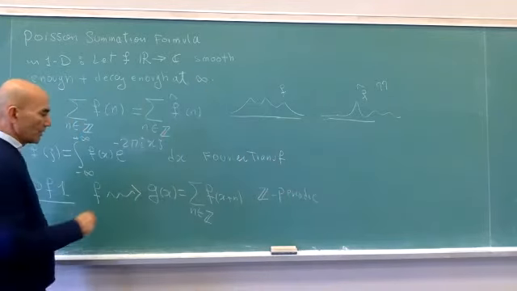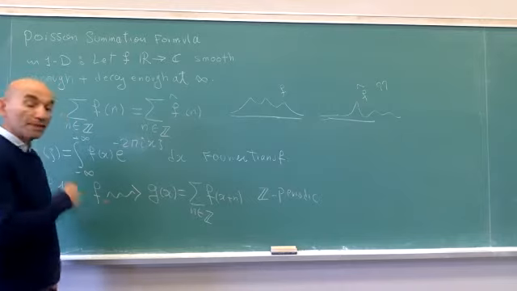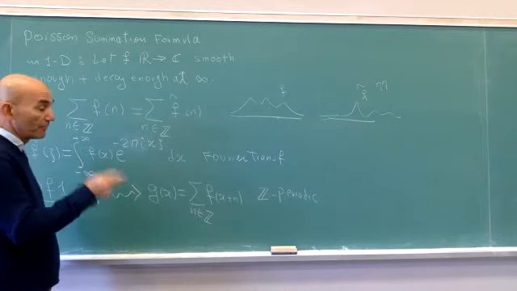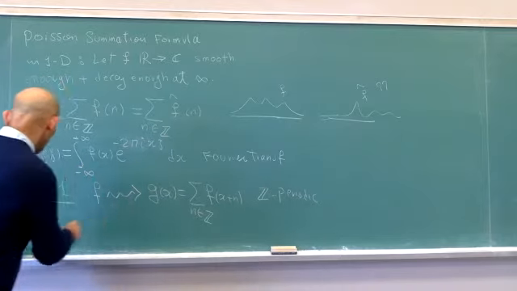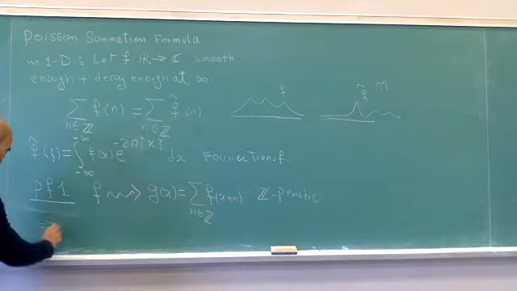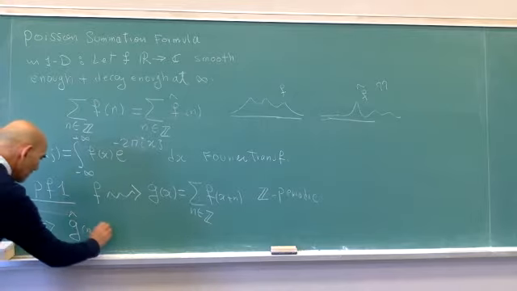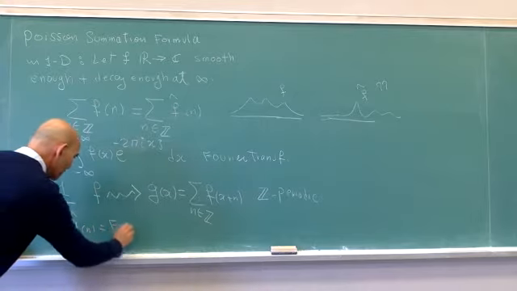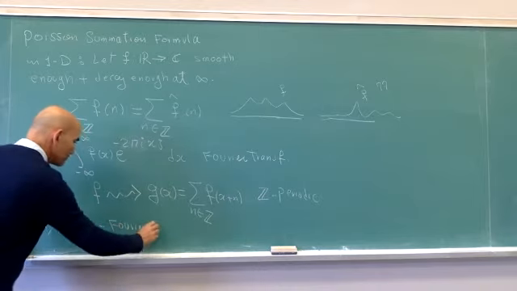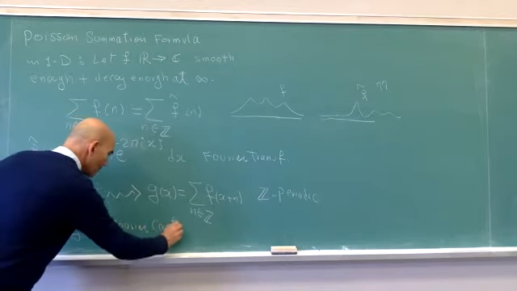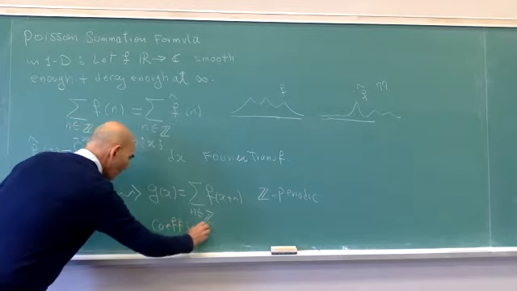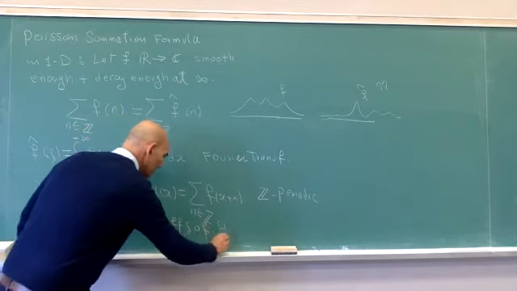So you can take its Fourier series. Now we are talking about Fourier series, right? To get g hat of n, these are the Fourier coefficients of g.